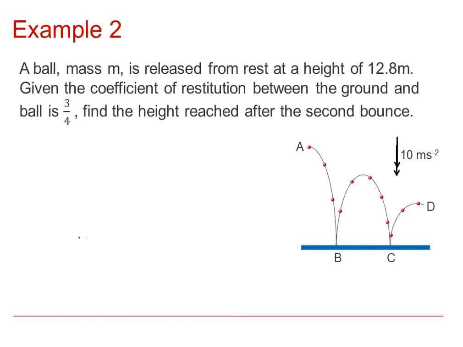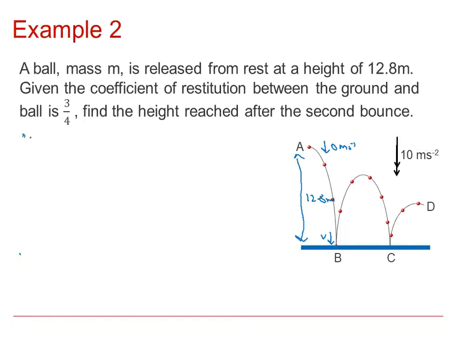So the first thing we've got to do is label up the diagram and find out how fast v, this mass, was moving when it hit the ground. So the initial speed downwards was 0 meters per second. The drop is given in the question, 12.8 meters. And I'm going to show you a couple of methods for finding v.